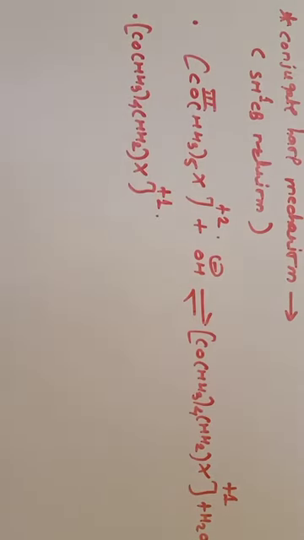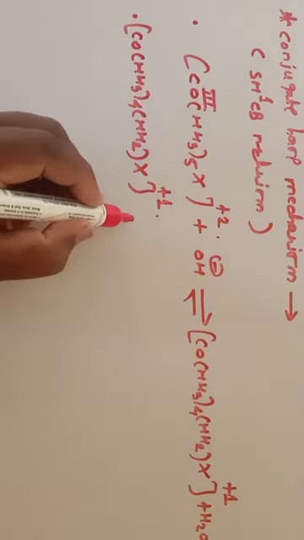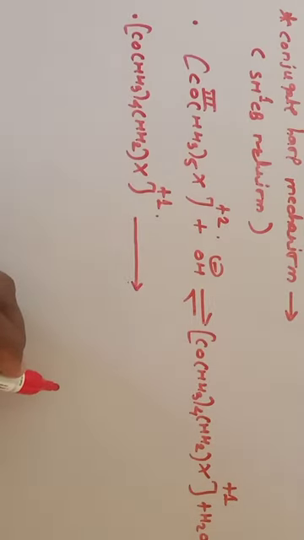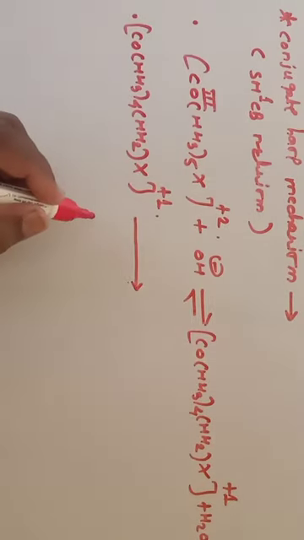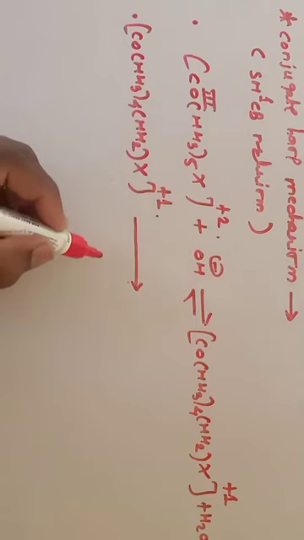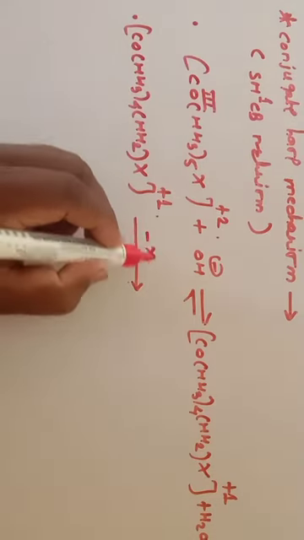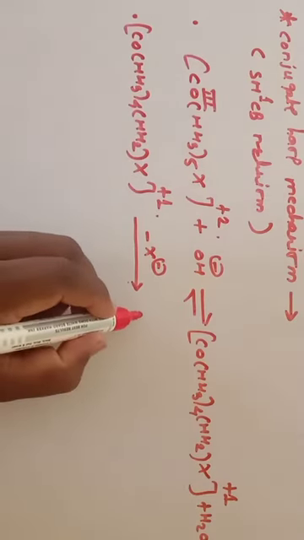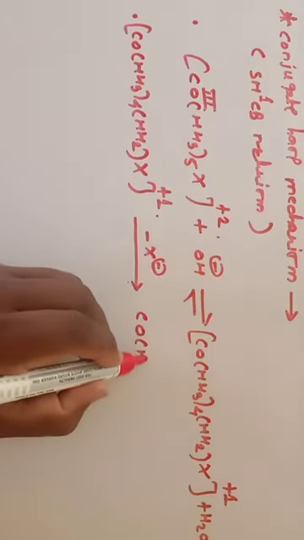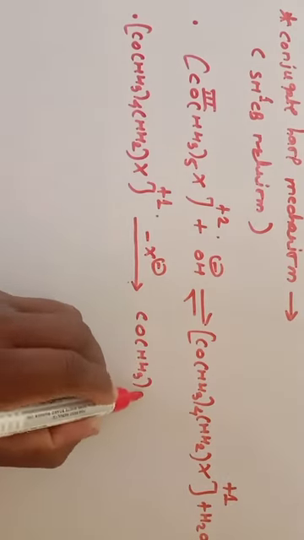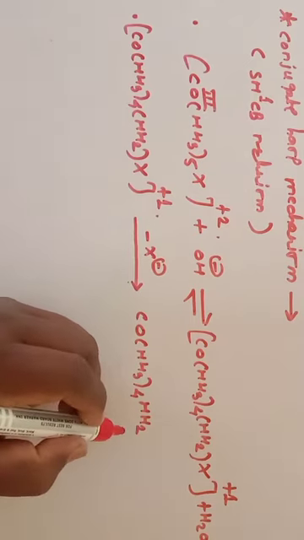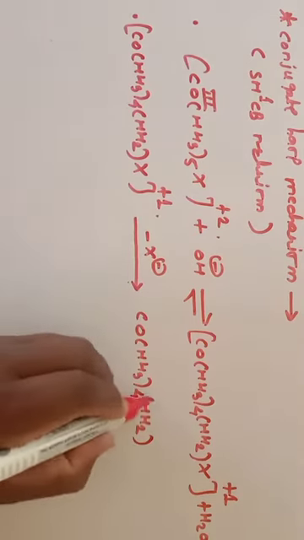This species undergoes a dissociative type of reaction, in which it dissociates the X minus ligand, and finally we get Co(NH3)4(NH2).